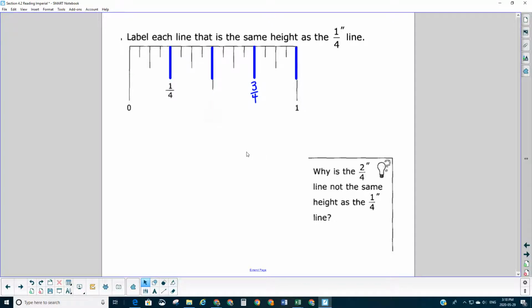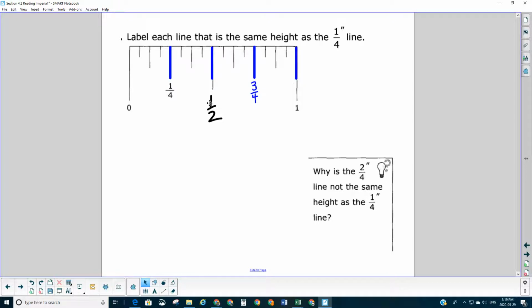Okay. But it does bring up this little question in the light bulb off to the side. Why is the 2/4, which should be 1, 2, right here, why is it not the same length as the other quarters? Well, 2/4 is actually reduced down to 1/2. And you can see that it's exactly halfway in between 0 and 1. So that line, even though it is a quarter line, also represents a half line, so it has to be bigger.